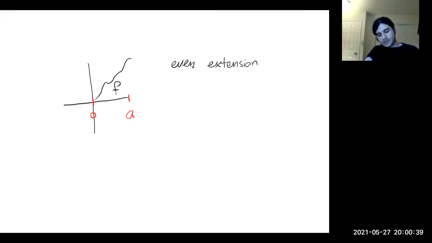We can think about the y-axis as a mirror and reflect the graph with respect to y. We get something, and then we look at the periodic extension of the result. So we would start with this red function, reflect it, and then just repeat the same thing.